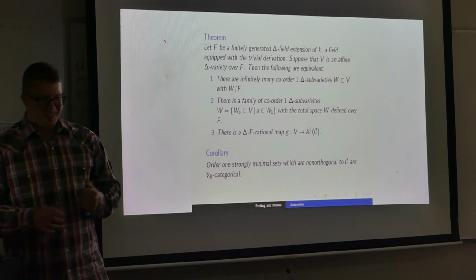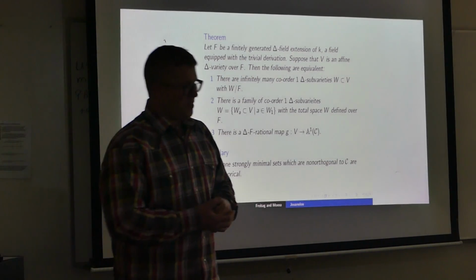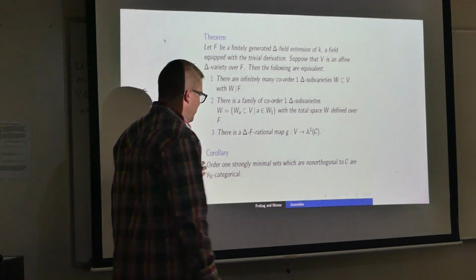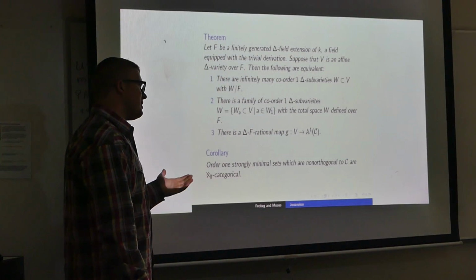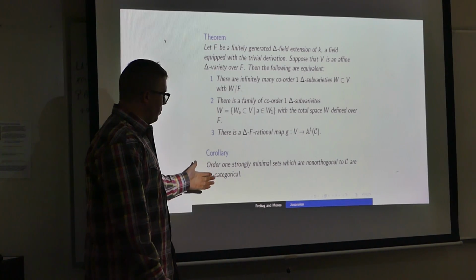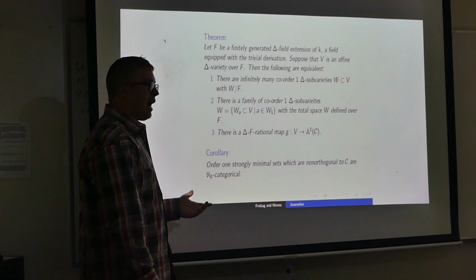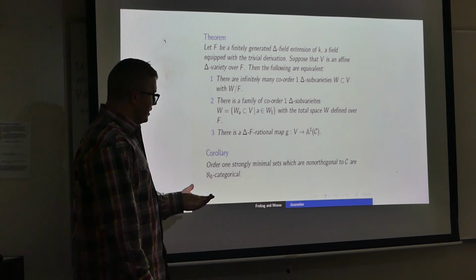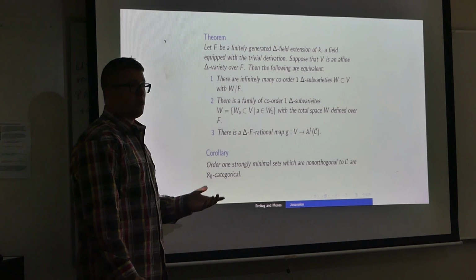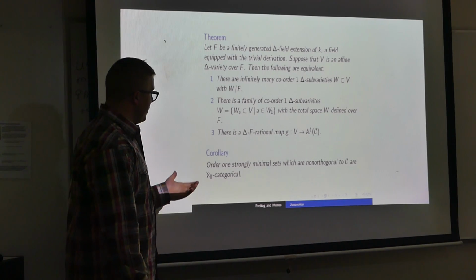So, you almost previewed this, but what this proves, in some of the language of Dave Marker's talk yesterday, is that order 1 strongly minimal sets are non-orthogonal to the constants. This was the goal that I believe Udi had in mind when he worked through this the first time.